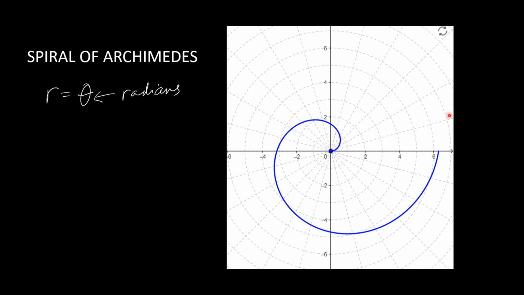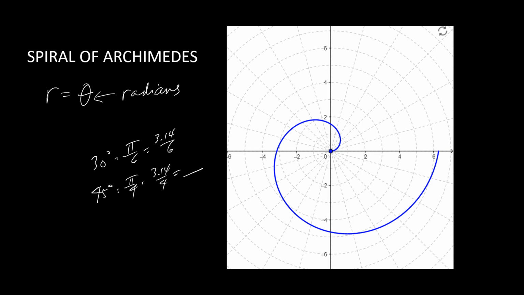Then 30 degrees, that is equivalent to pi over 6, so that is 3.14 over 6. And then for theta equal to 45 degrees, that is pi over 4, or 3.14 over 4.